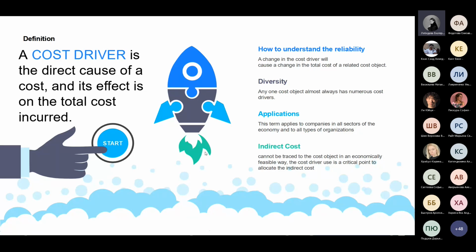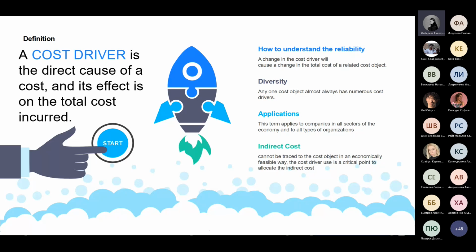A change in the cost driver will cause a change in the total cost of a related cost object. If we decide to identify the correct cost driver, we have to look for the change of the total cost and decide with what cost driver, with what indicator it is associated.